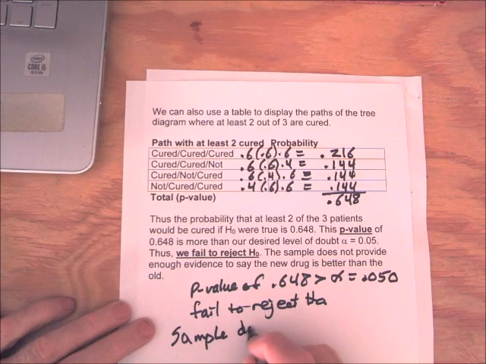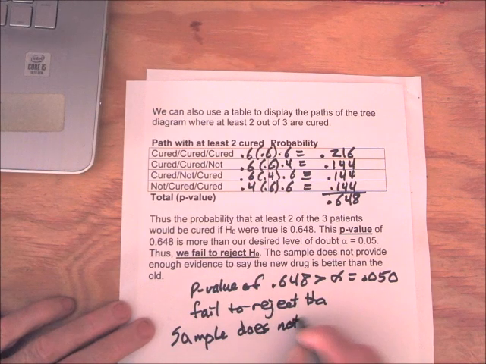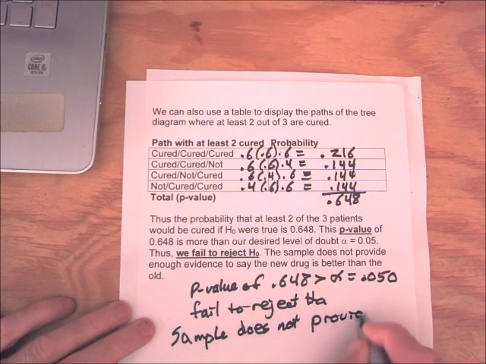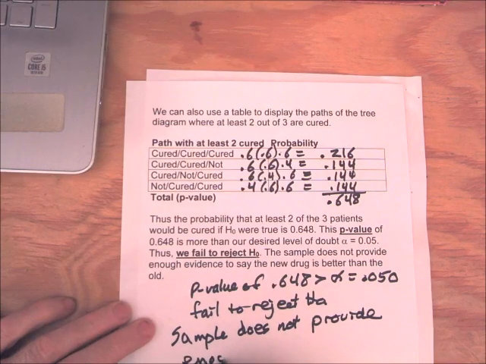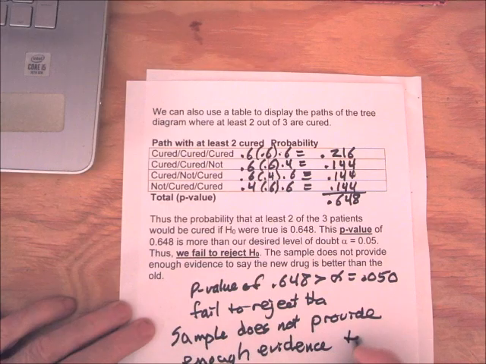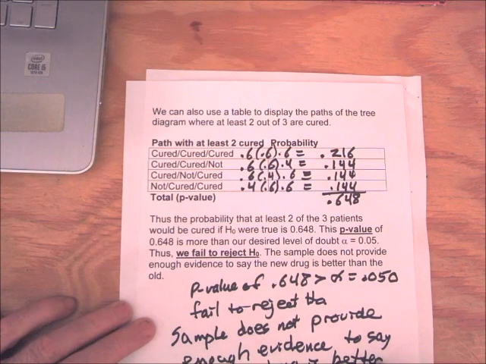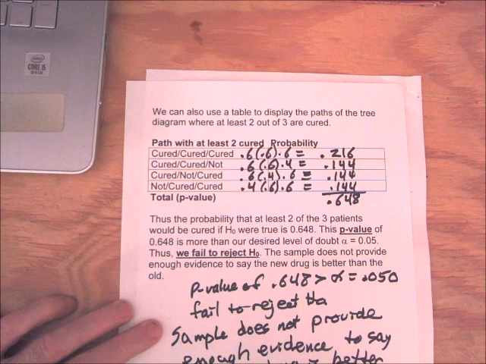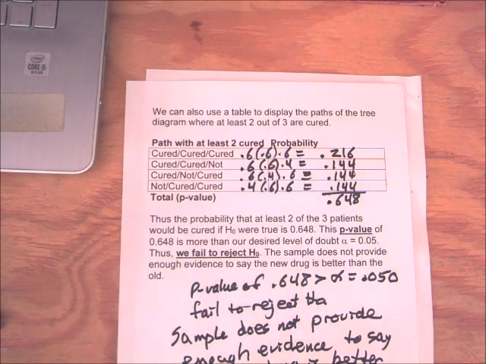The sample does not provide enough evidence to say the new drug is better than the old. The sample proportion is a little bit more than the proportion cured by the old drug.